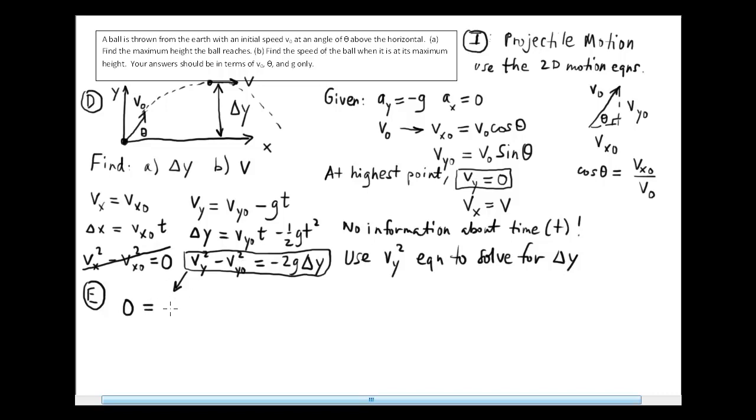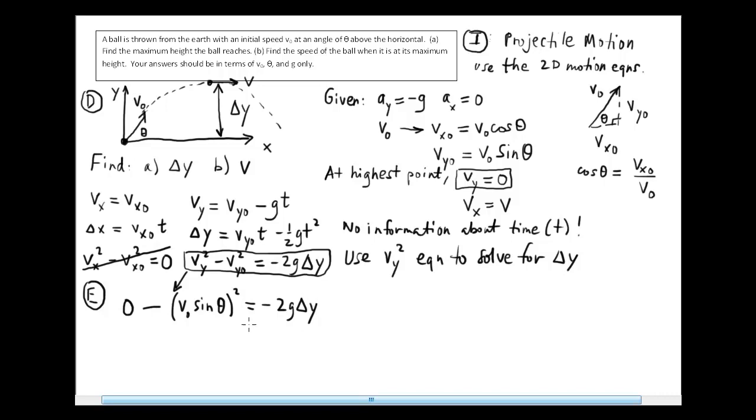Vy0, okay, we've got, whoops, I need to say 0 minus Vy0 squared. Okay, so Vy0 up here is V0 sine theta, and that term has to be squared, equals negative 2g delta y.